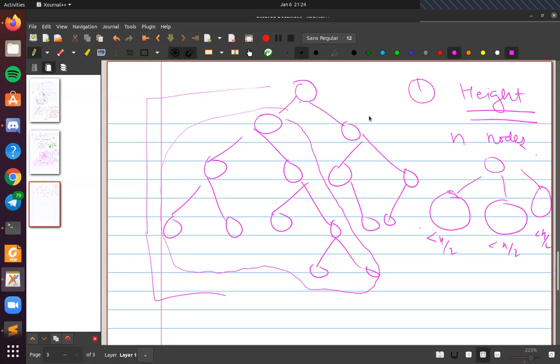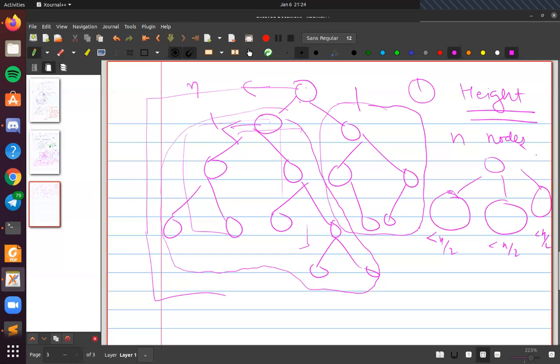So maybe this may not be a valid centroid tree, but I am just showing. This contains less than n by 2 elements. This contains less than n by 2 elements. So at this level, a total of n nodes are there. At this level, each subtree contains less than n by 2 elements. At this level, less than n by 4 elements.